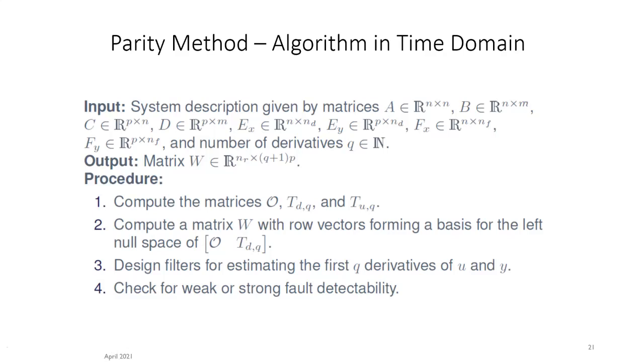How to do that? You just apply a fault, which could be an abrupt fault, meaning the fault stays in the system, and then you plot the residual and see if the residual stays or damps after a while.